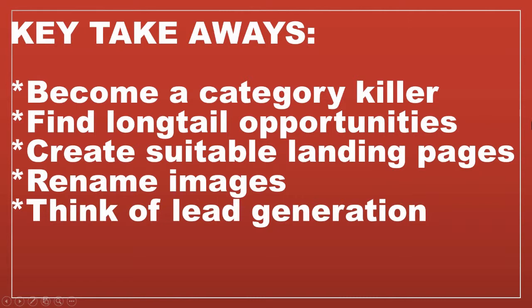We use our tools, our keyword planner, identify the long tail opportunities, and then create suitable landing pages. We're going to use the names of the keywords as names for our landing pages, and then go a step further and create images that contain the keywords as the name of the actual image.